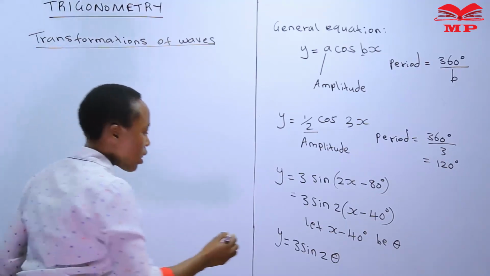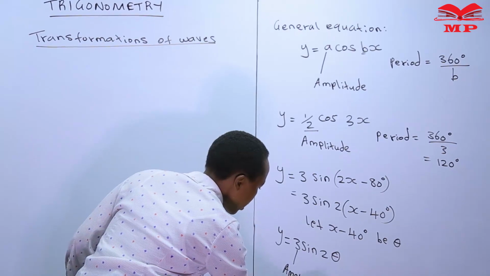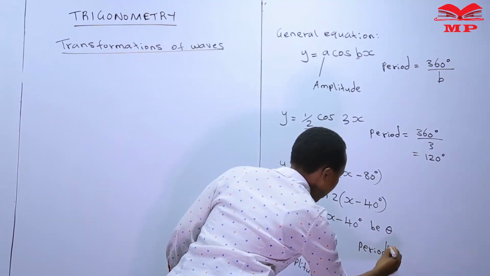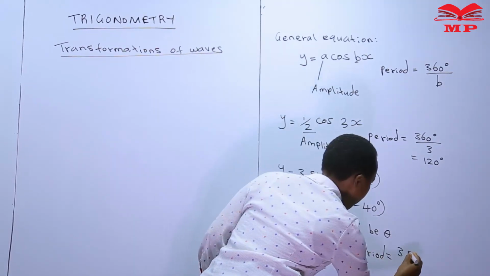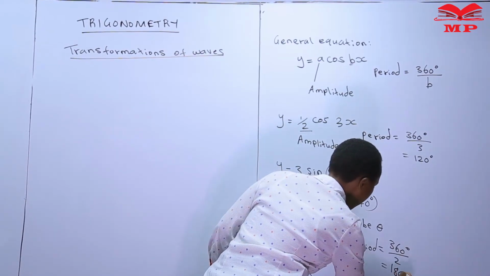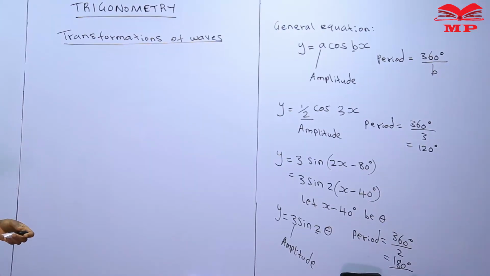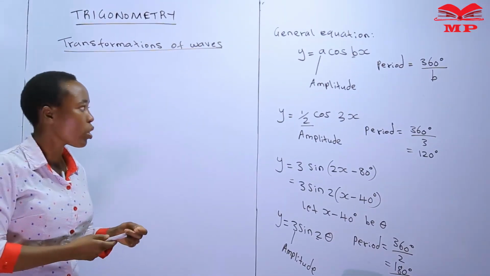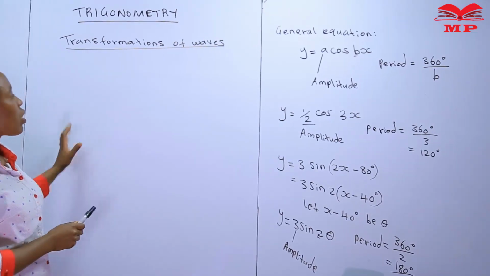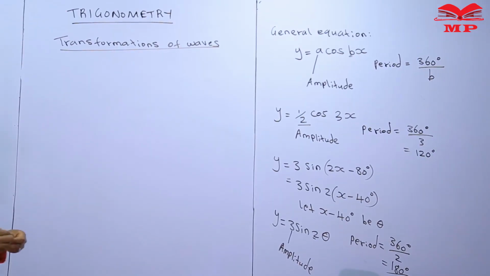And therefore, the amplitude becomes 3. So the amplitude is 3 units. And our period will be 360 degrees divided by 2, that is 180 degrees. So that's how we go about getting the period and also the amplitude, even when we have not drawn the graph. So I would like us to look at the transformations of waves.